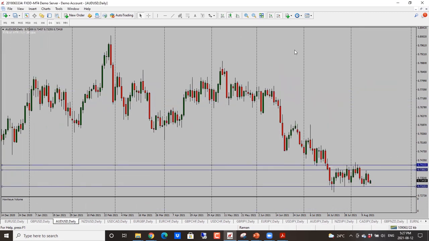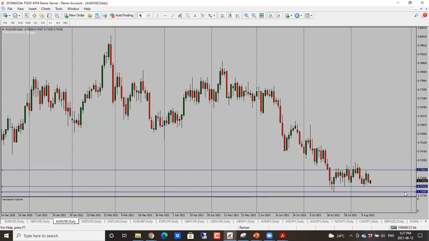Aussie dollar here, this one as well, back into the range again. And in this case, we do have a nice bearish candle close. So looking for a bit of a pullback here and then a further drop. Target is 0.7315. And only if it gets through that, we may be able to see it go even lower into 0.7290, which is back towards the bottom of this candle here.